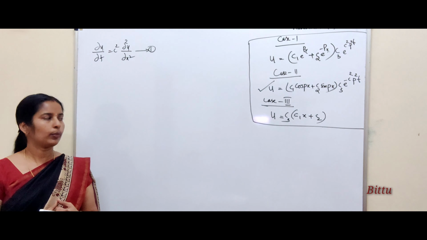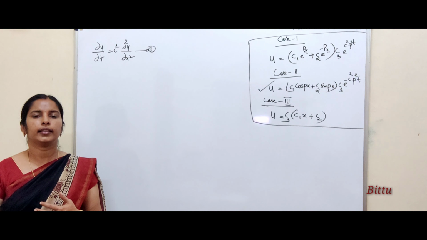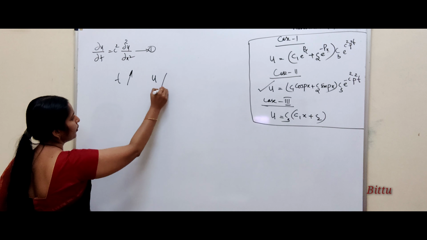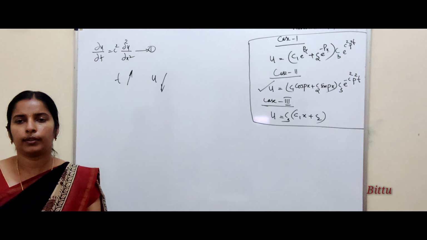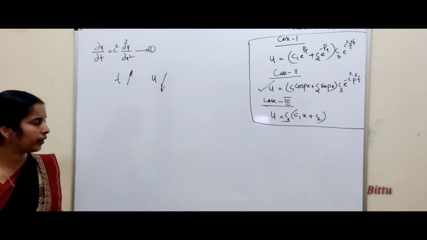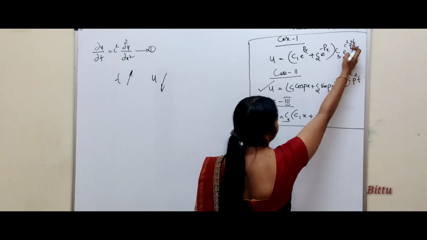While deriving the heat equation, it's very clear: when time increases, the temperature decreases. That is, as time increases, the temperature U will decrease. So, by looking into the three solutions, here, if t increases, U also increases exponentially. So, it's very clear, if t increases, U also increases.